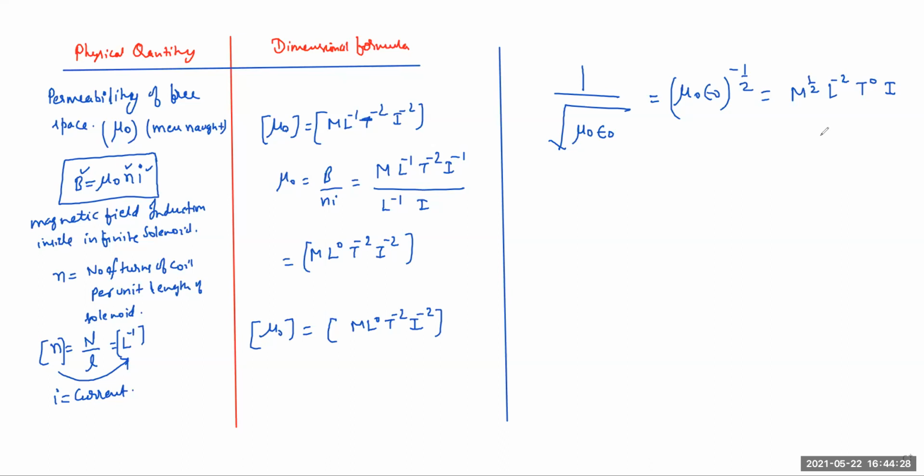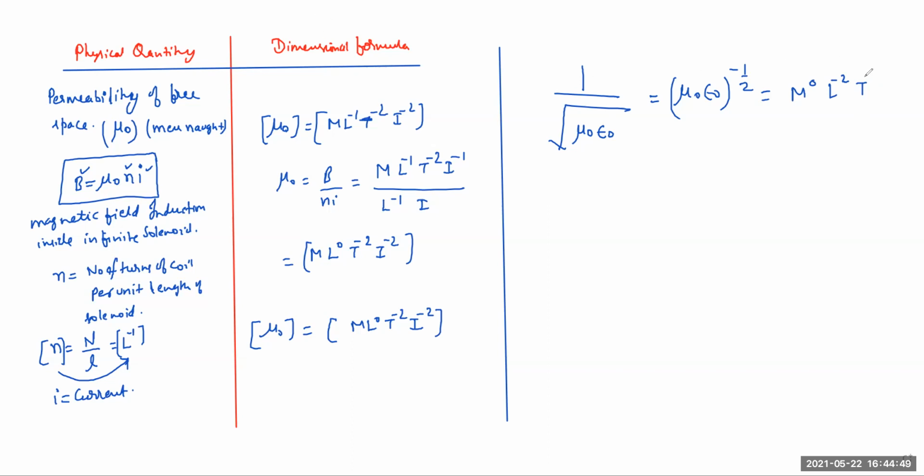Just check the dimension of epsilon naught. Sir, M should be 0. Yeah, right, M should be 0. And T should have some value. T is not 0.